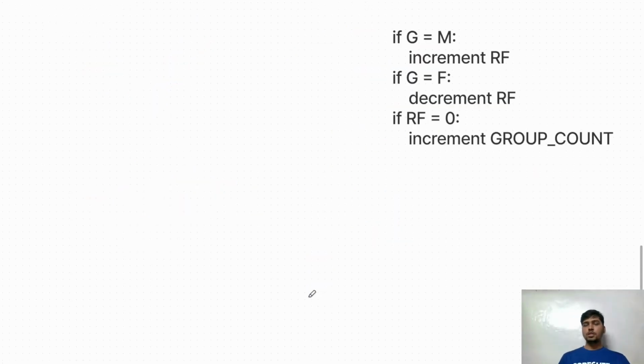Now let's discuss the solution approach. Let's consider this situation: MF, MF, and MF. We will maintain 2 variables. First is RF, the required female, and then G is the gender of the person at that particular index. Let's say currently we are on this position.